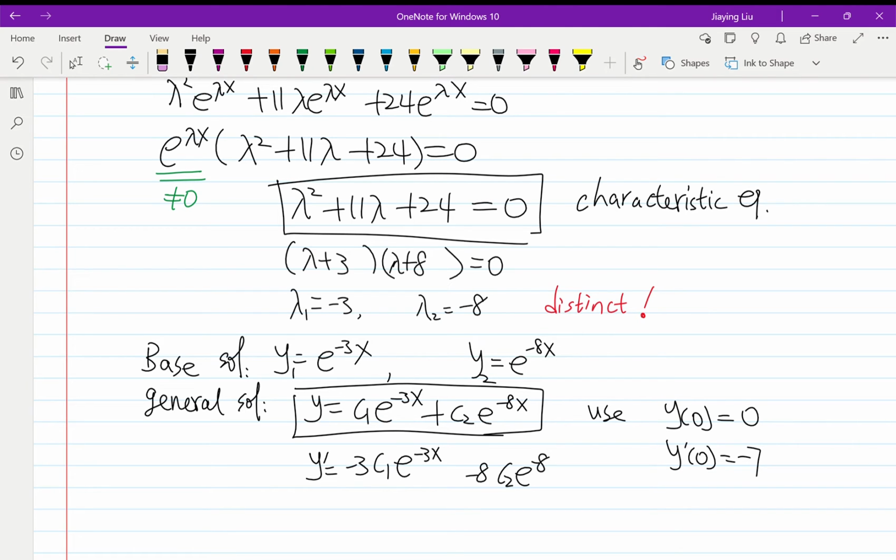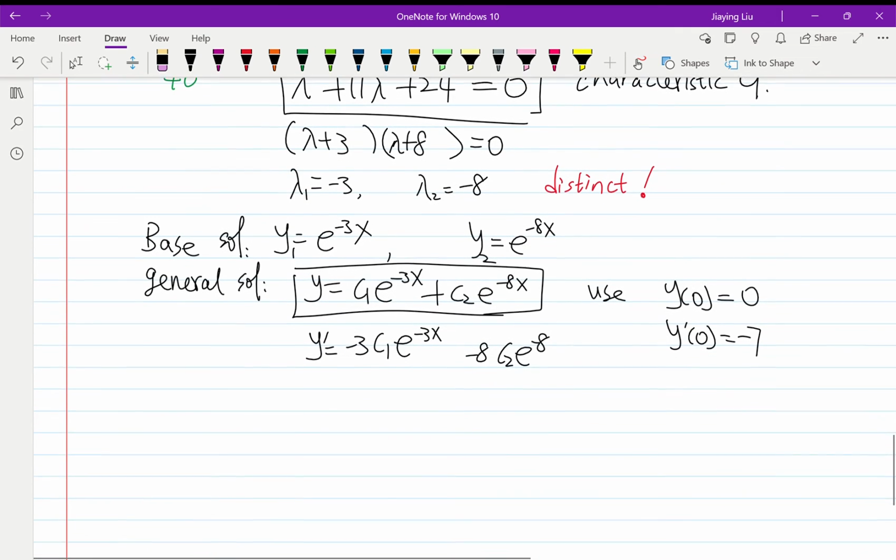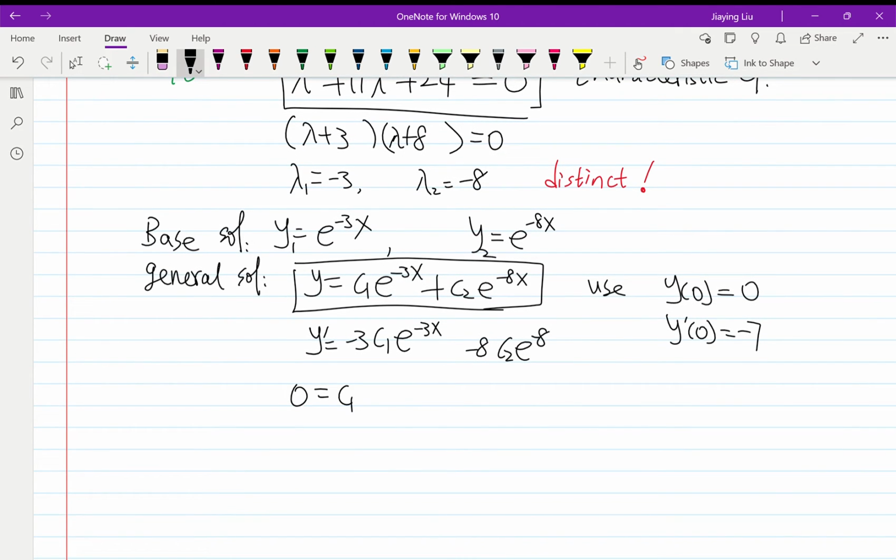Now I'm going to plug in 0, 0 for the general solution. So I get 0 equals C1 e to the 0 plus C2 e to the 0, which is a 1. So that's a 1, this is a 1. So we have C1 plus C2 equals 0.